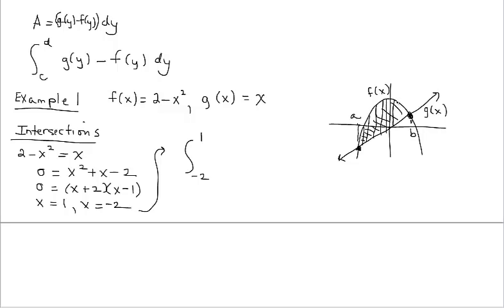Notice that no matter what rectangle you put in here, every rectangle at its top touches f of x, and every rectangle at its bottom touches the other curve, g of x. Only one integral is required to accumulate the area in all of these rectangles. So it's f of x minus g of x with the change in x.